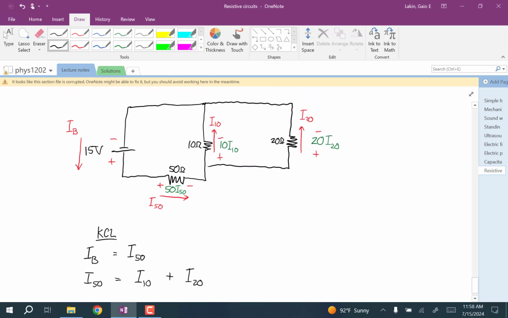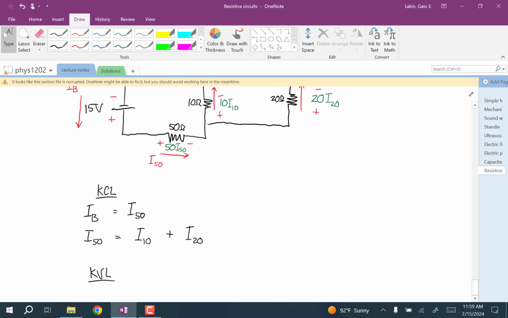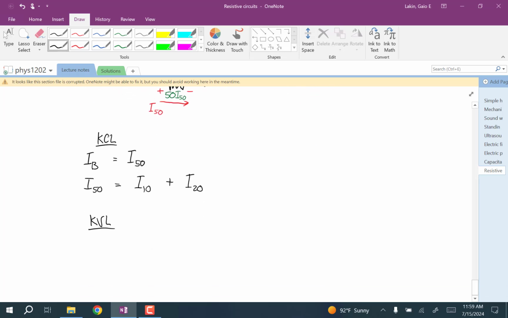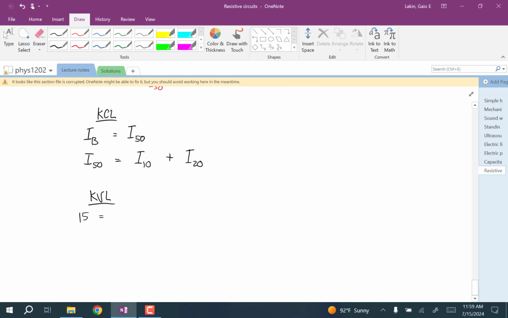So the voltage law. First, I'm going to do the left loop. I'm going to start at the node right above the battery. So we have a voltage rise of 15. A voltage drop of 50 I50.